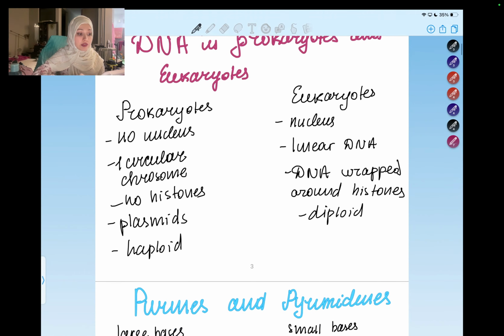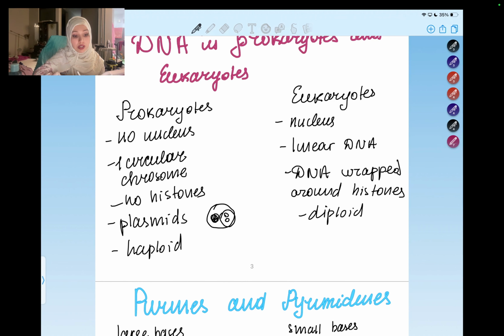In prokaryotes, we have no nucleus, one circular chromosome, no histones, and we have plasmids. Let's say this is a DNA and we have additional DNA, a small additional storage, that would be called a plasmid.